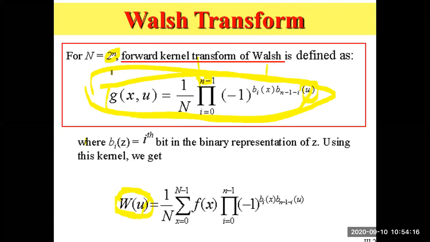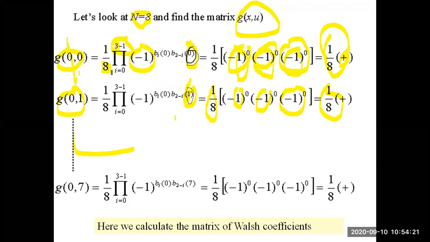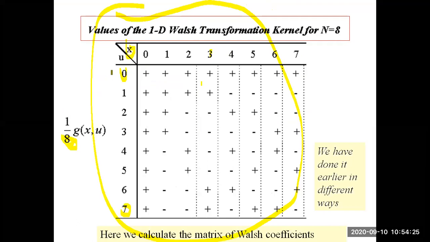It is somewhat tedious, but it is our requirement. By knowing this formula only, we can calculate this matrix. Once you obtain this matrix, multiply it with your image and you will get the Walsh transform for one dimension. Remember, until now we have covered only one dimension, but two dimensions are required for images. That will definitely be calculated in the next class.